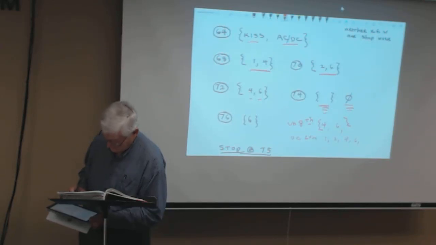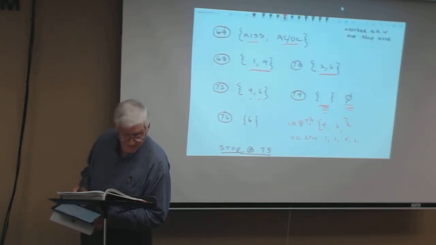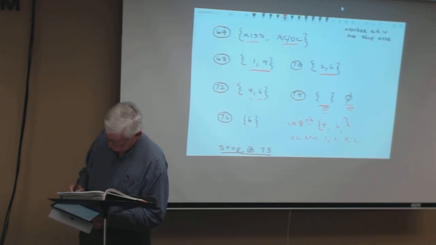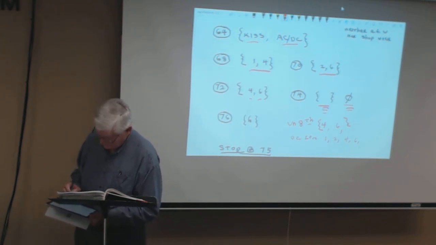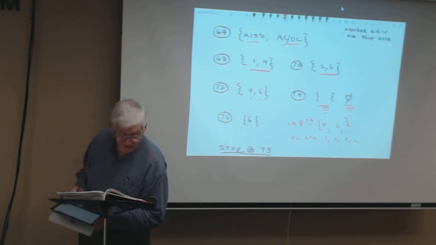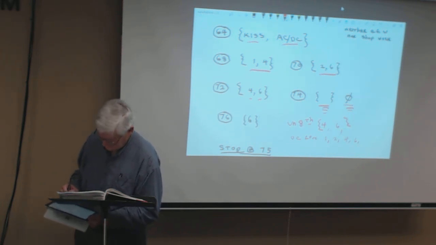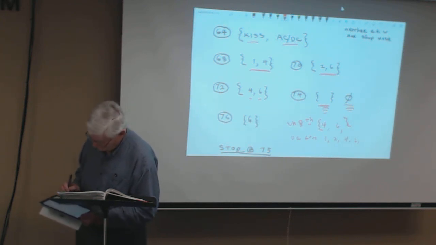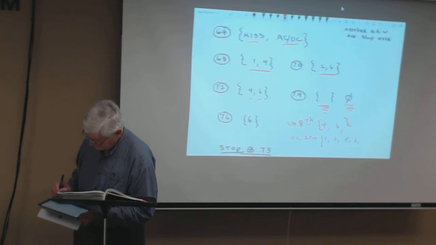Under 2,500. Did I copy something down wrong? Under 2,500. 1, 2, 4, 6. Yeah. Under 8,000. 4 and 6. So 76 should be what? Where these two intersect? That would be 4 and 6, wouldn't it?